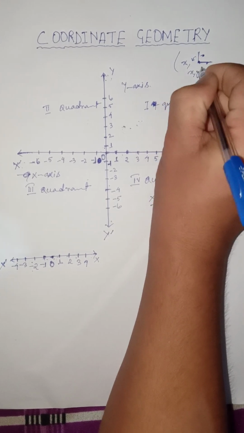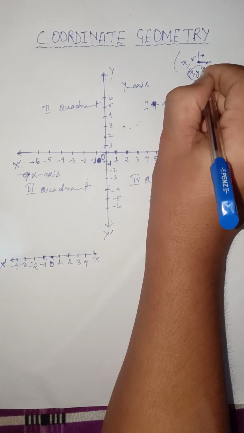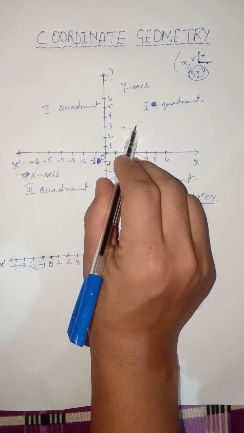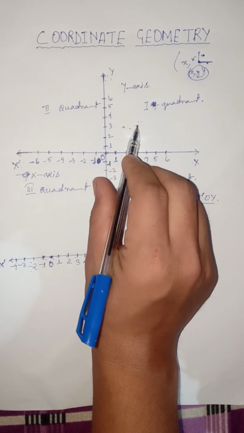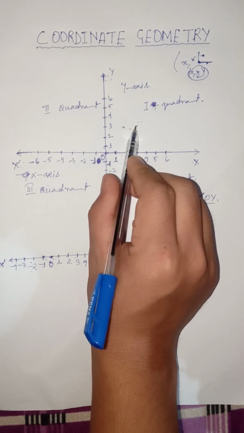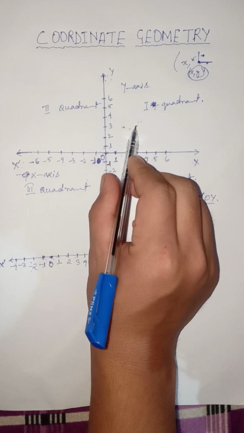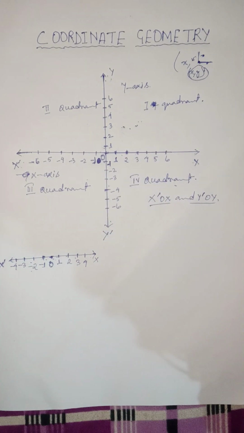That means x comma y. This specifies the position of whatever objects or things reside or happen in this space, right? In order.